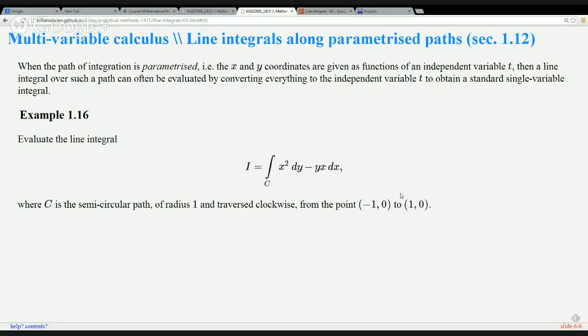It's gone? Okay. So we'll see these soon. Okay, well, that was just a quick introduction to our line integrals, and we'll see more of those next time.